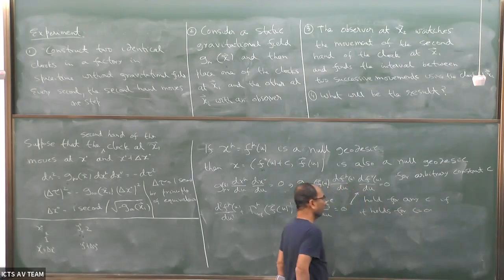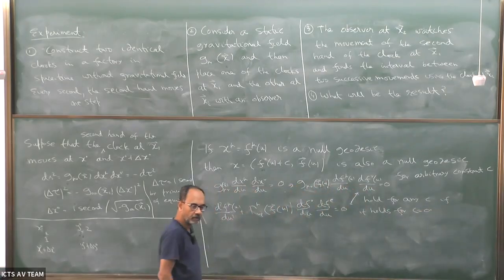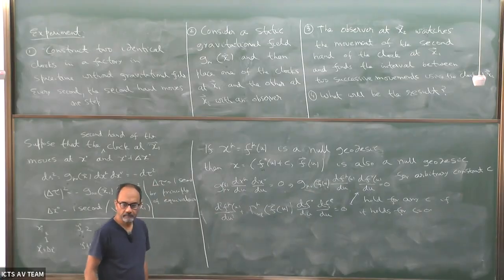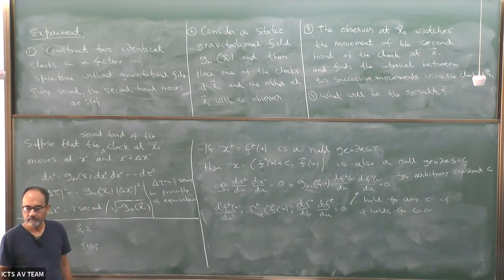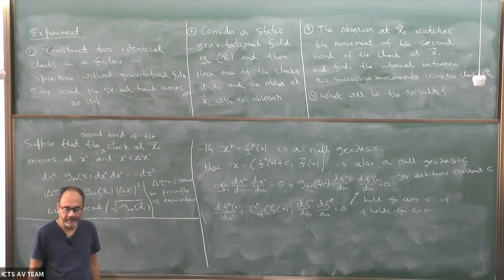And we have assumed, of course, that for c equal to 0, it does hold. Is that clear? For our case, c will be delta x naught.